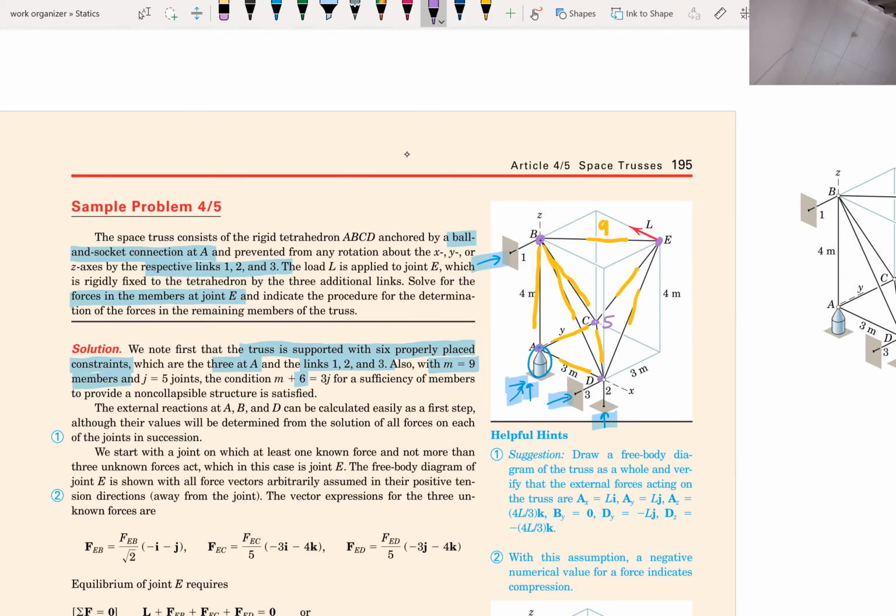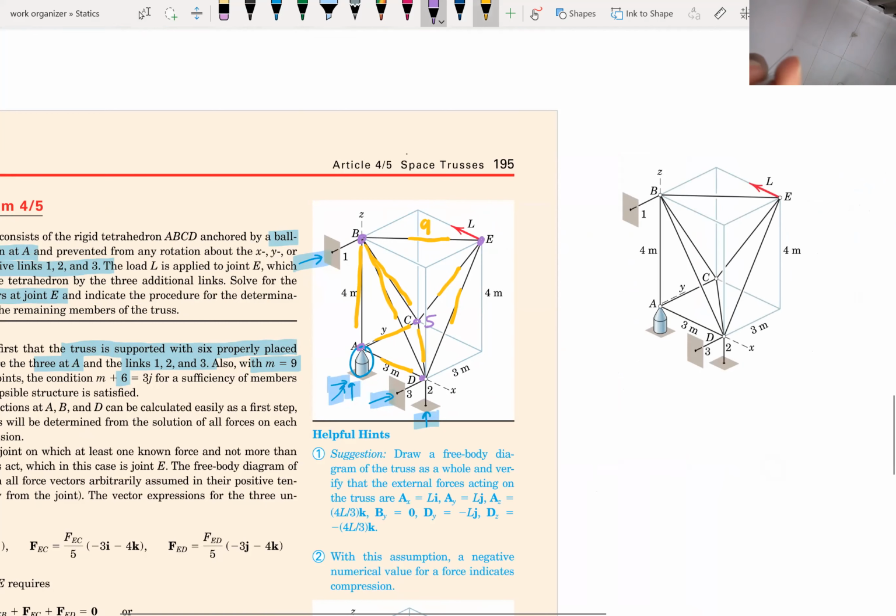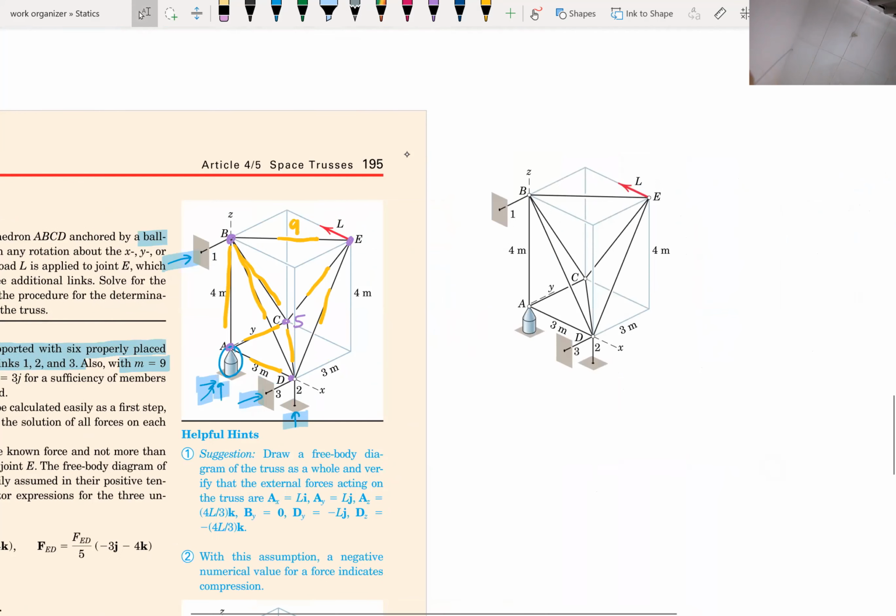So we have to check whether this is stable or not, statically determinate or not. The equation is m plus 6 equal to 3j. Now m equals 9, and j is 5 joints.